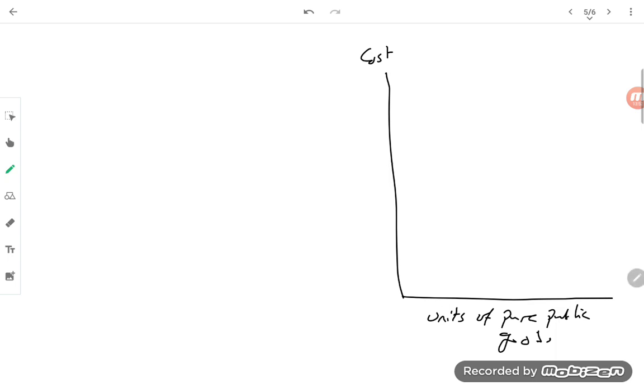So say, for example, that the marginal cost is 200. As long as you produce an additional unit, you are going to pay a fixed amount of 200. So this is the marginal cost.